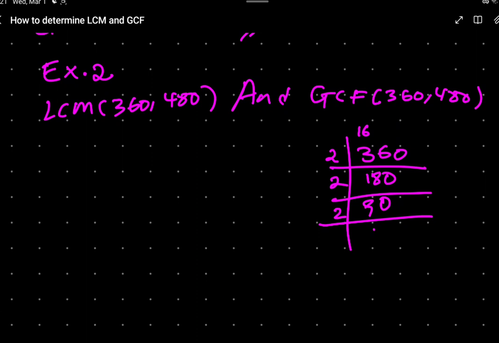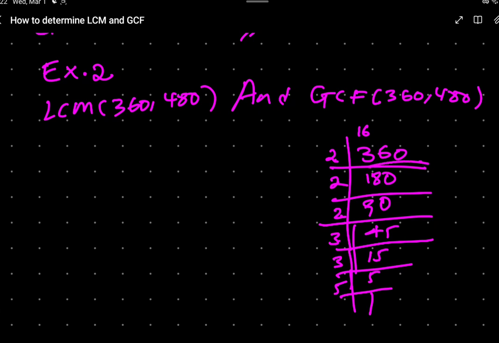Then again by 2, it is 45. Now no more by 2, then you do by 3. By 3 is 15. Then again by 3 is 5. Then you take by 5, it is 1. So 2 times 2 times 2 times 3 times 3 times 5 will give you this number.